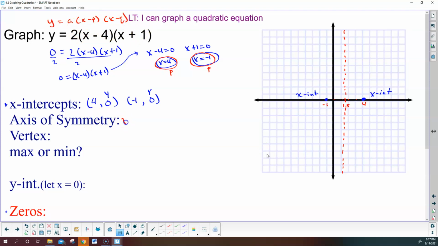So the axis of symmetry was the average of your x's. So take your 4 plus -1 and divide it by 2, and we get 3/2, or 1.5. So there's the axis of symmetry.